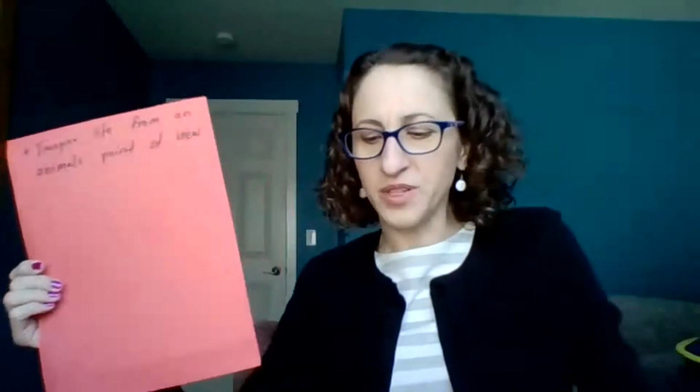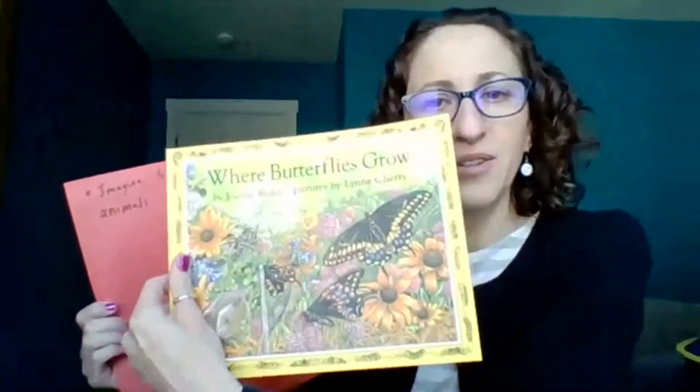That's how she told this story, from that little animal's point of view. So that's an idea for you if you would like to write from an animal's point of view when you write your book on an animal that you've been researching.